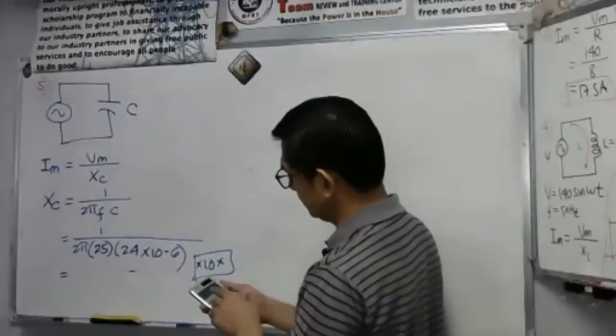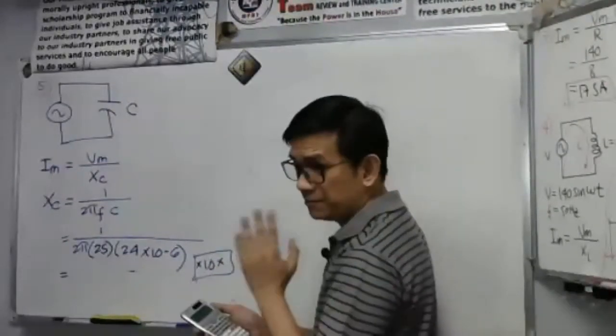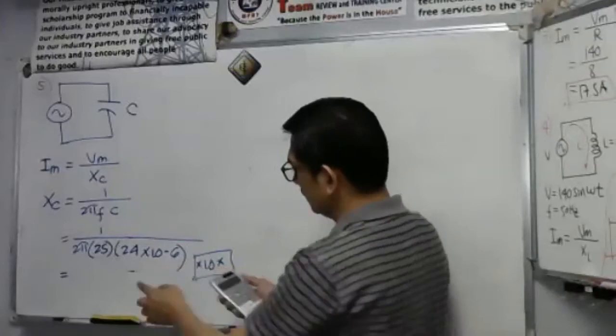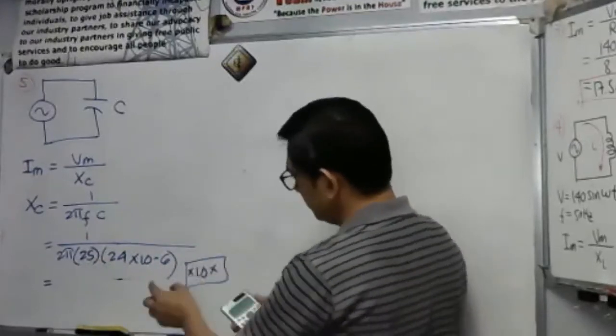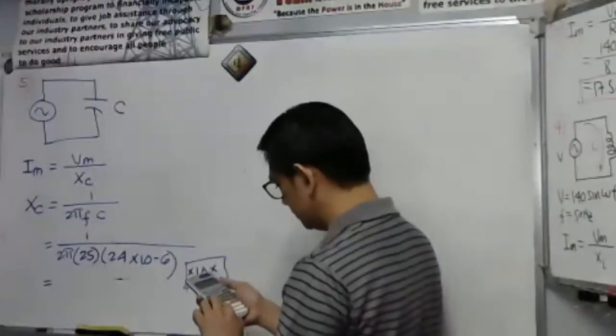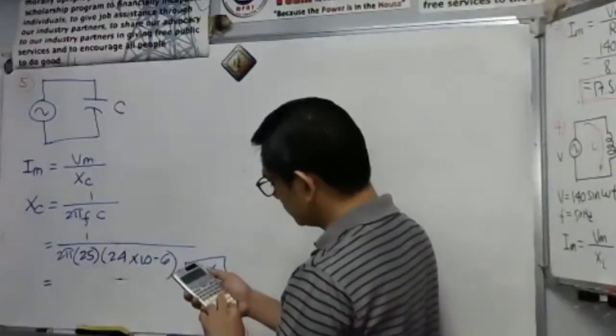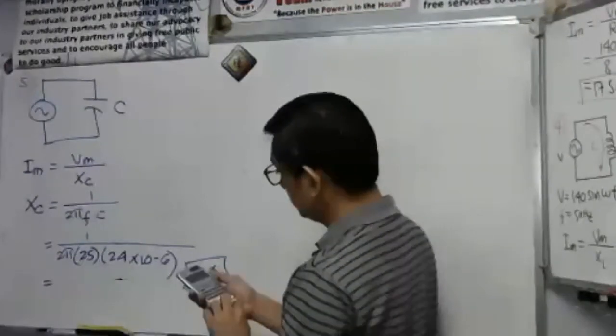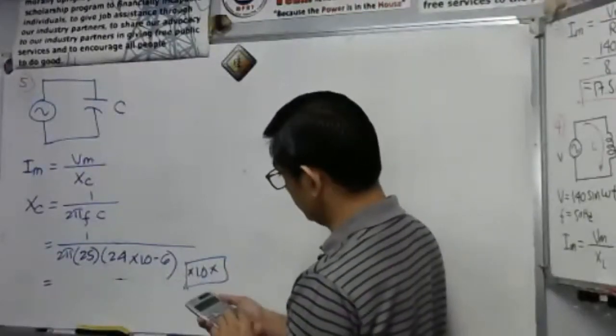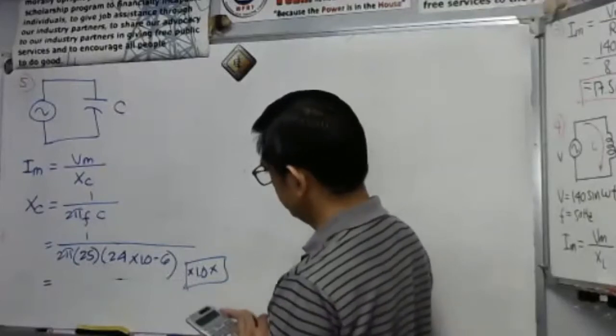So there you have your pi. Then another divided by 25. Another divided by 24 times 10 raised to x. Yun yun, ito yun. Okay? 24 times 10 raised to negative 6. There.